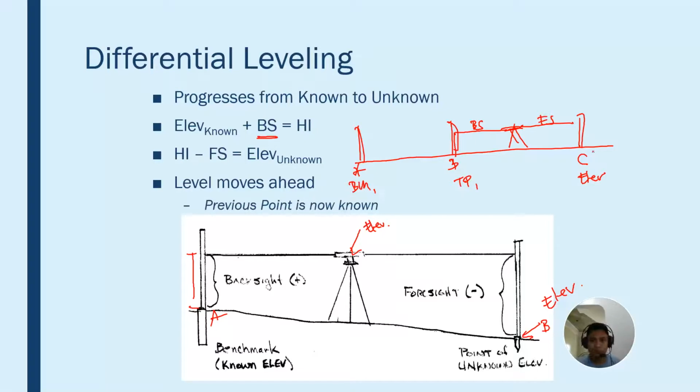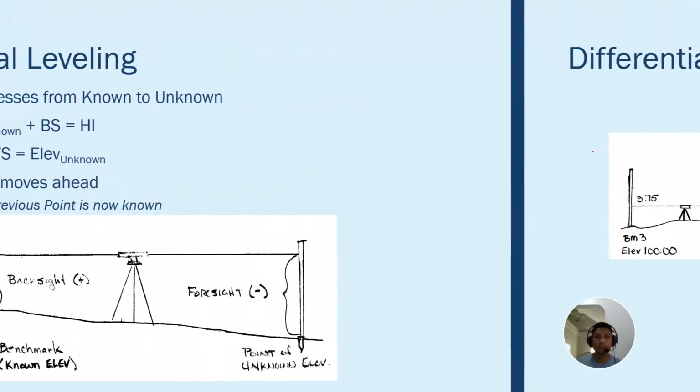So for us to be organized, let's make a table of the stationing or the benchmarks or TP. Then you plot there all the backside for that station, and you plot all the foresight for that particular station. Then put another column for the height of instrument and another column for the elevation for that station.